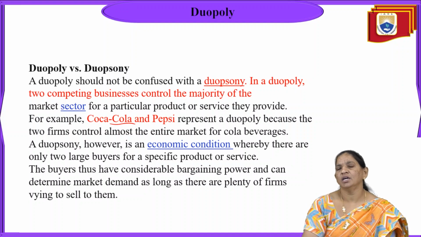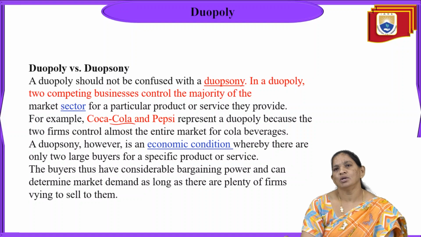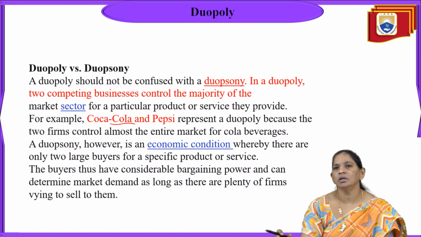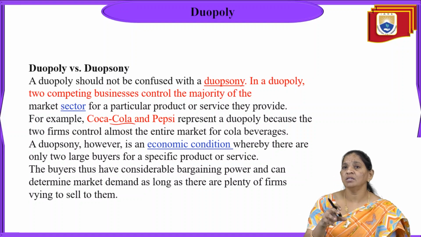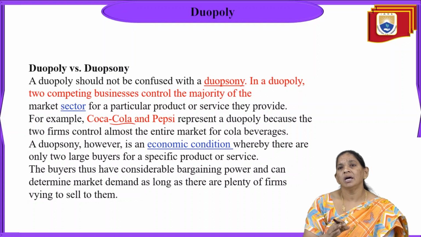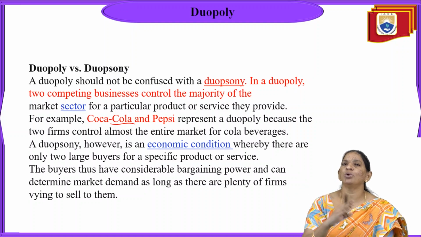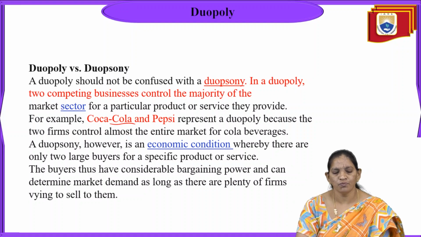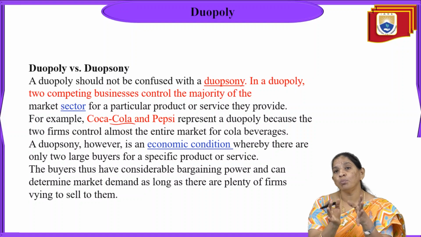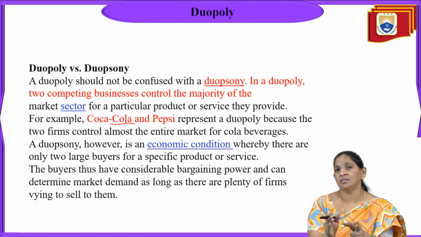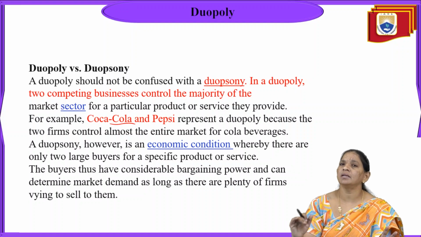In the market many local beverages are there, but these two dominate the Indian market a lot, and the maximum market share is contributed between them. These are the two sellers, the Coca-Cola company and the Pepsi company.